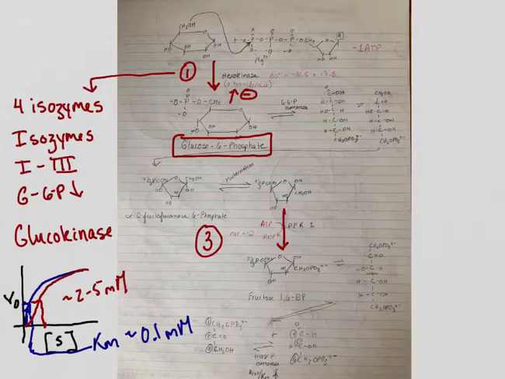So glucokinase is only turned on after a meal. After you've eaten your dozen Krispy Kreme donuts and the glucose concentrations are extremely high, like maybe somewhere between 5 and 10 millimolar post-meal, that's when glucokinase is really going to get kicking and get going.